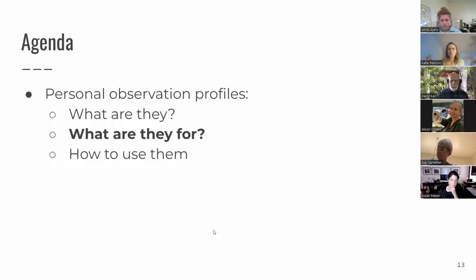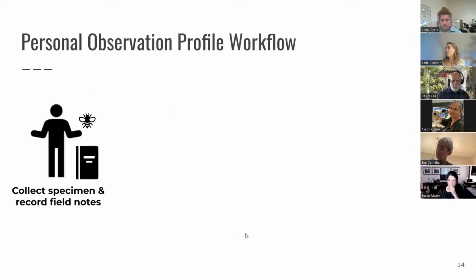Okay, so why do we have this collection type? Why is it useful? What is it used for? Well, I put it in a little bit of a workflow diagram for clarity. How these were designed to be used is generally collectors or people who are going to make observations or collect data that they hope to see in a portal, maybe even in a herbarium at some point.